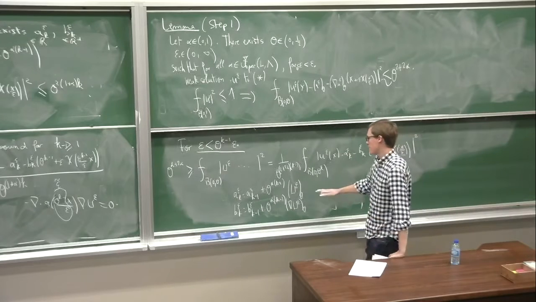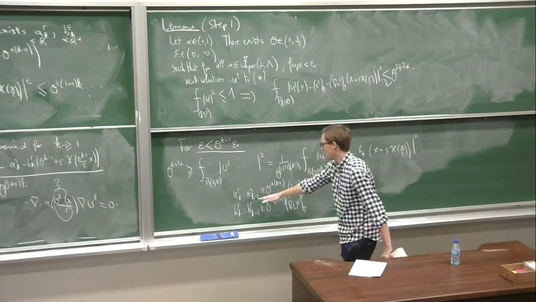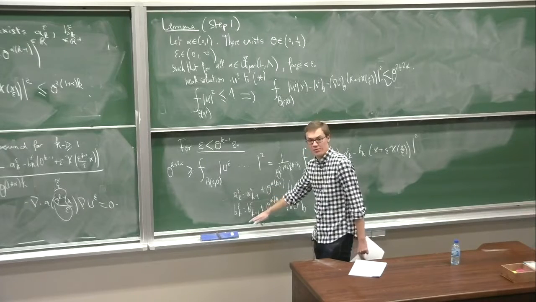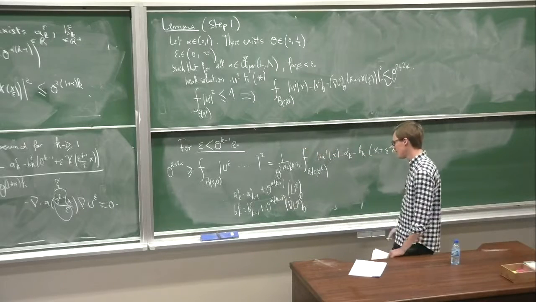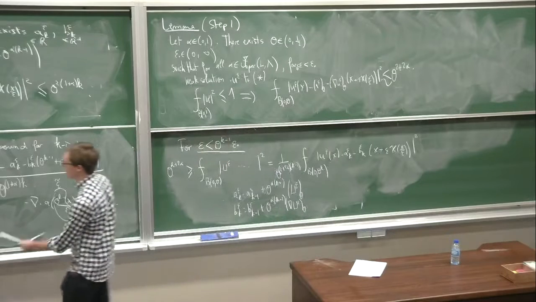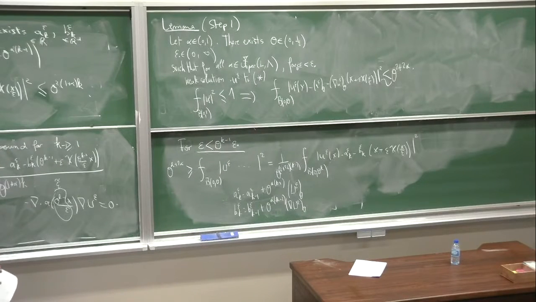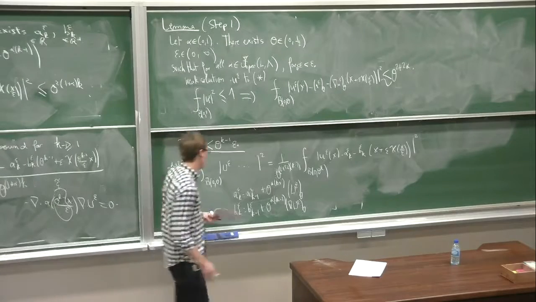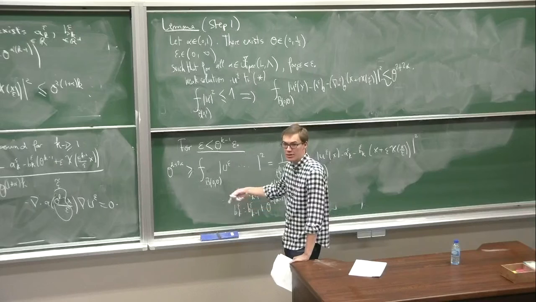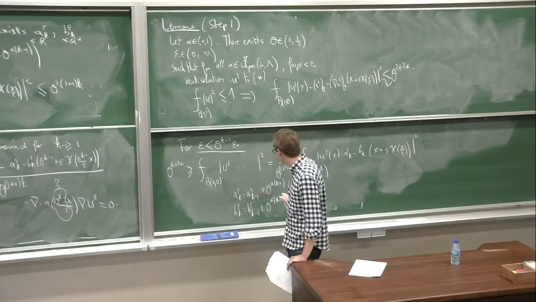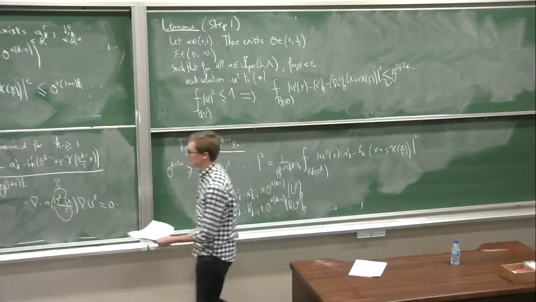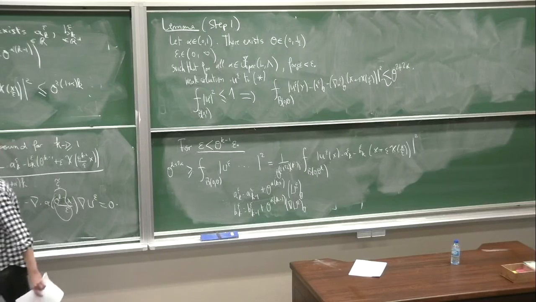So you have the recurrence hypothesis on A epsilon k minus 1 and B epsilon k minus 1. And capital U epsilon, because it satisfies this bound, also satisfies those bounds. So you can get the result for A epsilon k and B epsilon k at step k by just using the bound for capital U epsilon, because it satisfies exactly the same a priori bound as the small U epsilon.